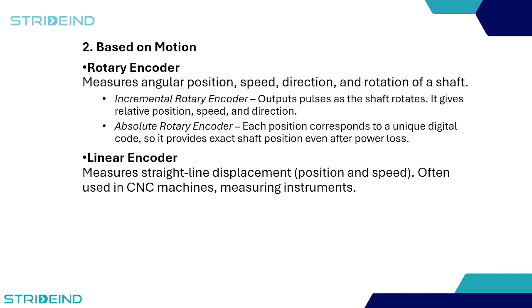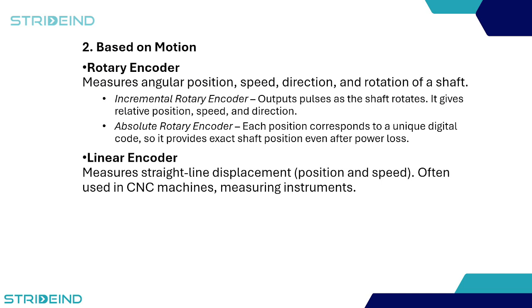Based on motion, we can separate encoders into two types, rotary and linear type. Incremental rotary encoder outputs pulses as the shaft rotates. It gives relative position, speed, and direction. Absolute rotary encoders, each position corresponds to a unique digital code, so it provides exact shaft position even after power loss.